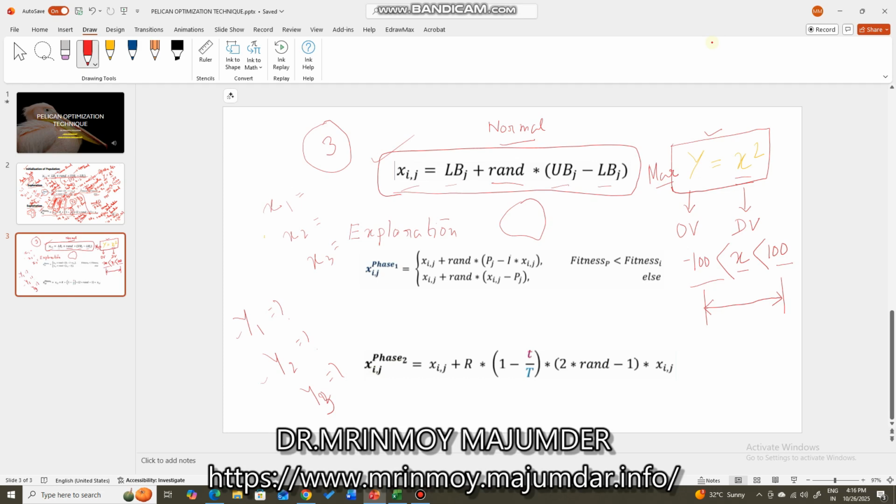Now before this exploration phase will begin, we have to identify which one among these three birds is your target, or the bird which has already identified the prey and is going towards it.